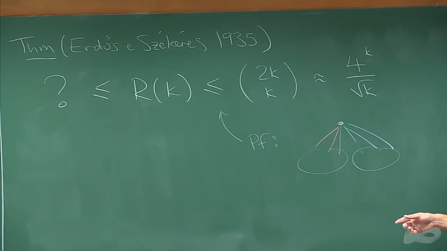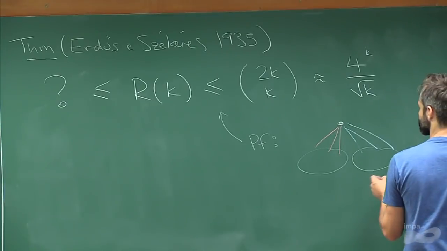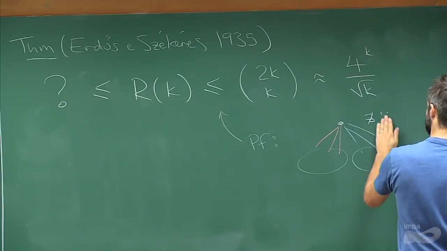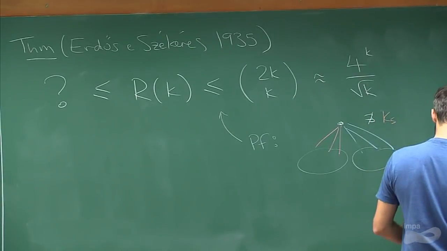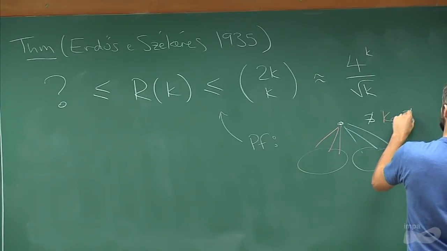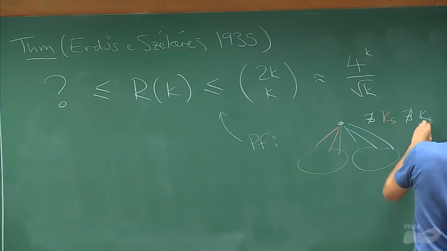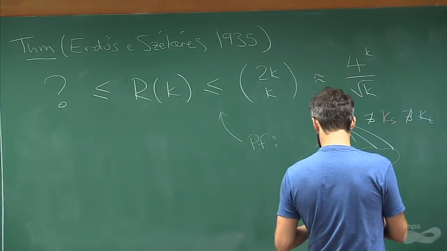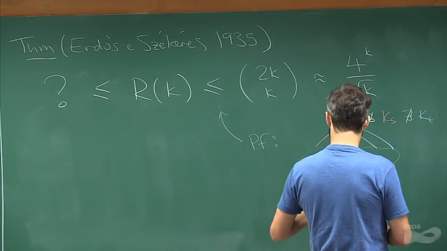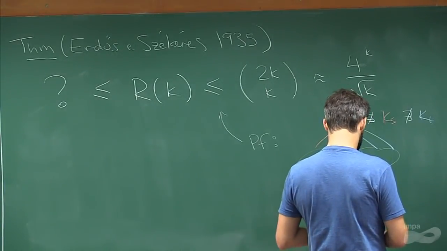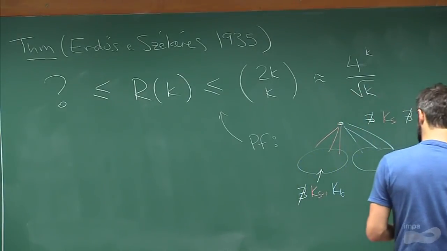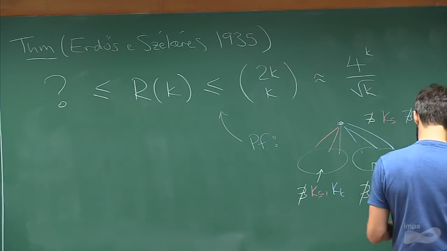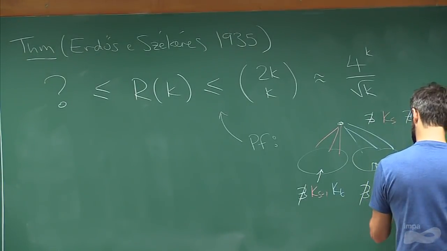If there doesn't exist a red KS and there doesn't exist a blue KT in the whole graph, then here there does not exist a red KS minus 1 or a blue KT, and here there does not exist a red KS or a blue KT minus 1.